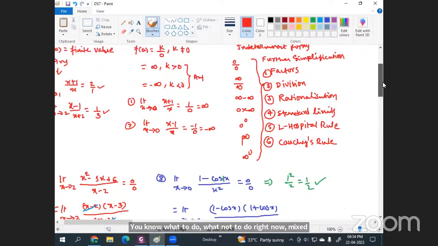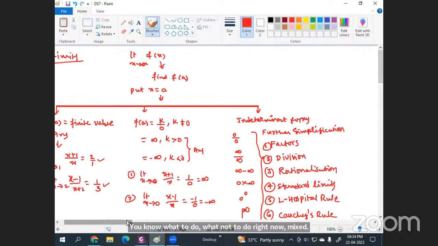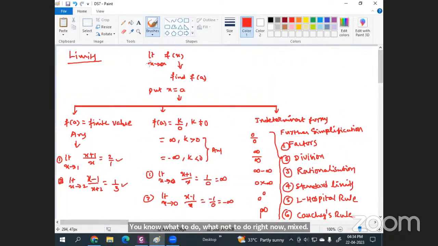Now I'll repeat once again. Whenever a problem is given, limit x tends to a, f of x, first find f of a, that is, put x equal to a, then you will get one of these forms definitely out of these three forms. First one is if you get directly a finite value, that is our answer. If we get plus infinity or minus infinity, that is also our answer.